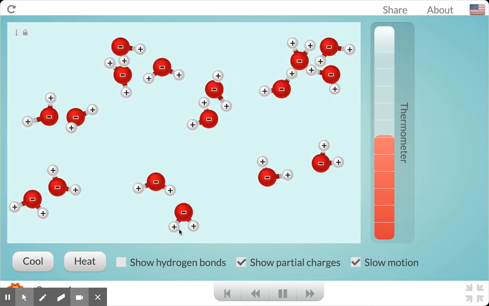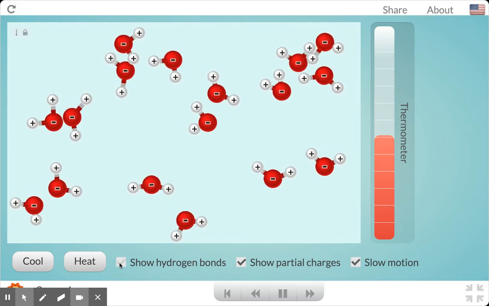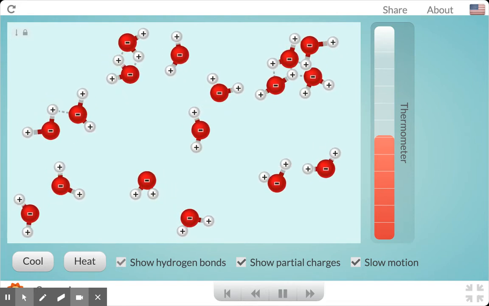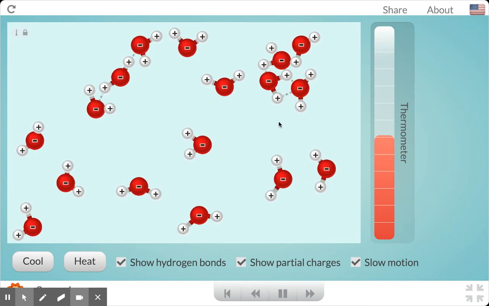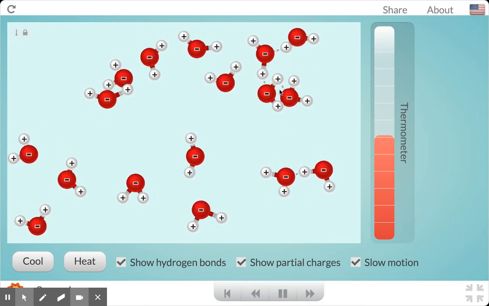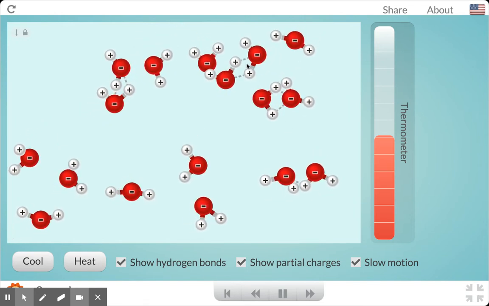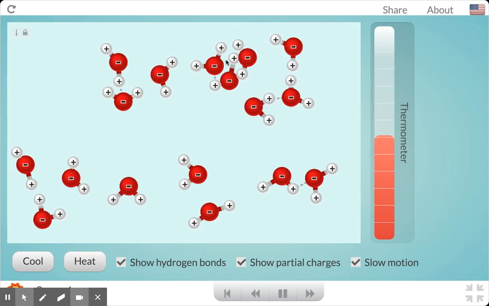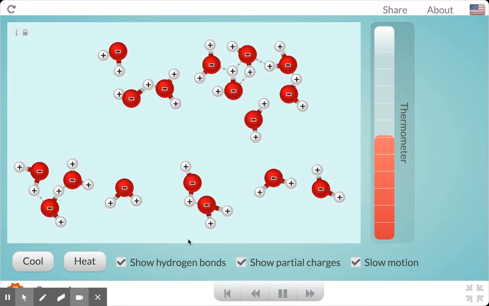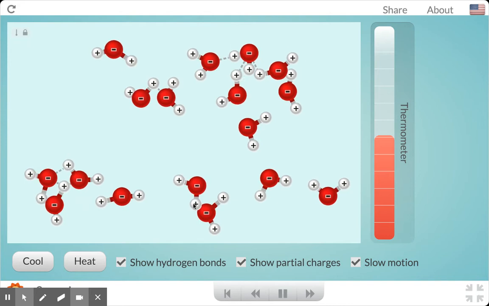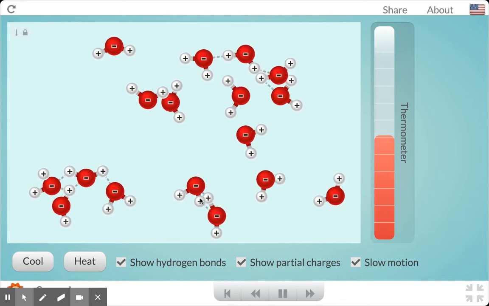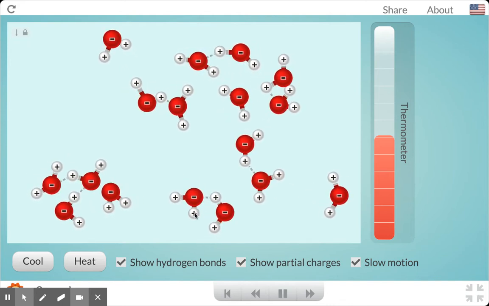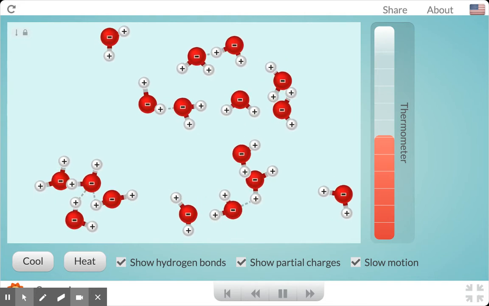They are going to form these really temporary interactions, not as strong as real bonds, but intermolecular forces between molecules called hydrogen bonds. And that's between the partially positively charged hydrogen of one atom and the partially negatively charged oxygen of another.